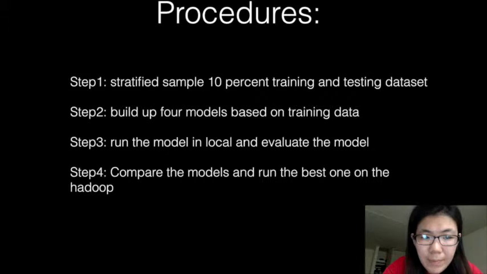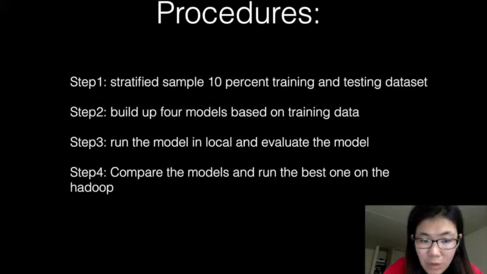Step 1, I stratify-sample 10% of the training and testing datasets. A stratified sample randomly chooses samples from stratified folds, which helps our model not be overconfident about some patterns of the dataset.